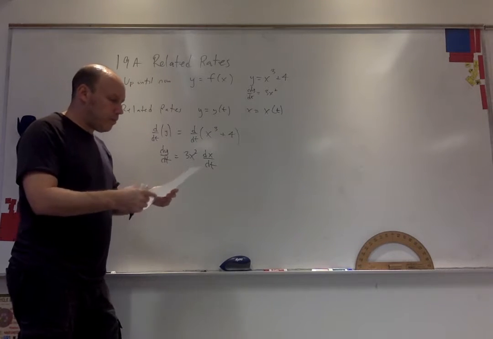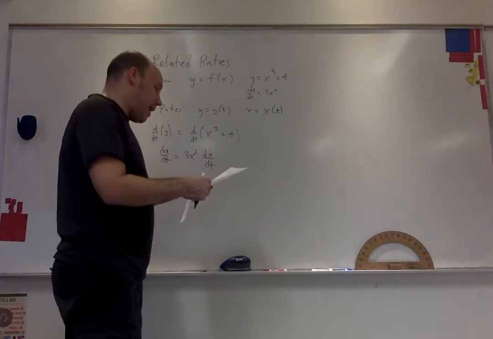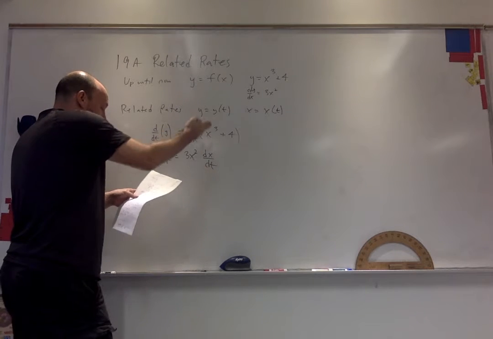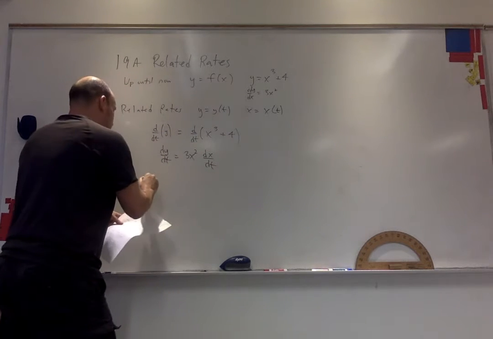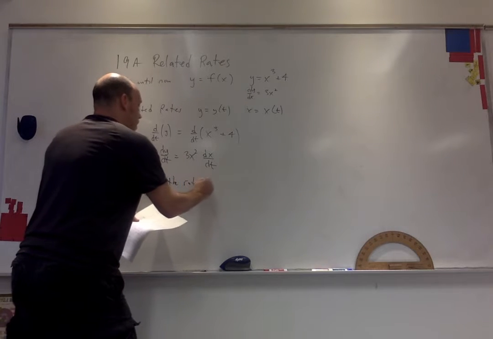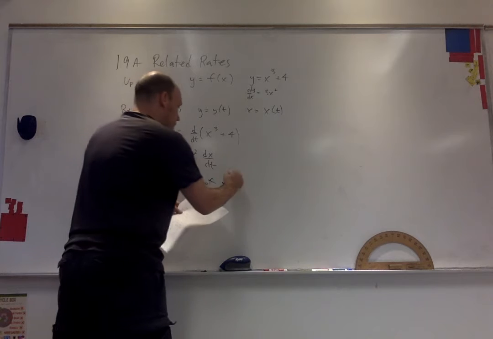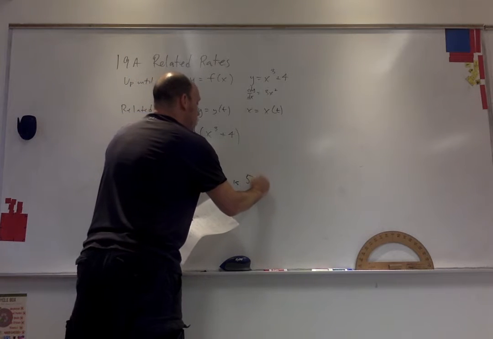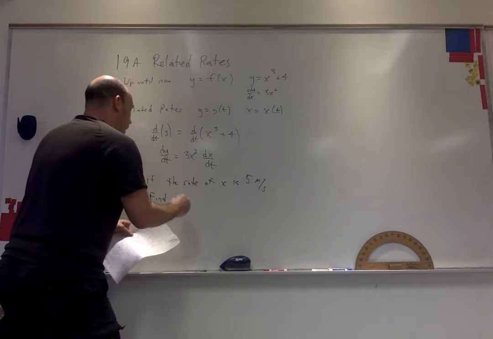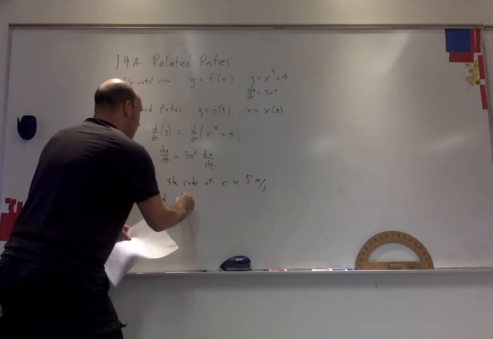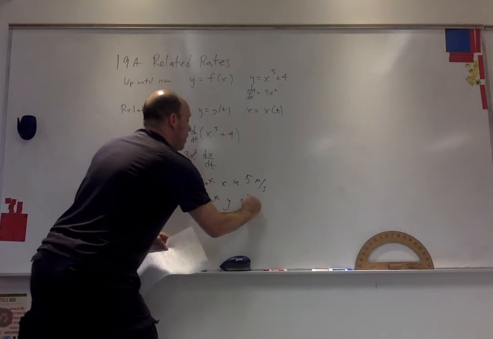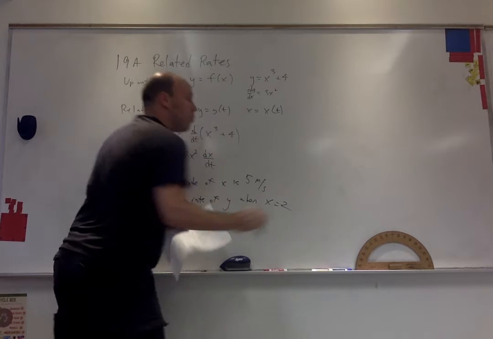So, for example, here's the example. You found the derivative, and they will say, if the rate of x is 5 meters per second, find the rate of y when x is 2.